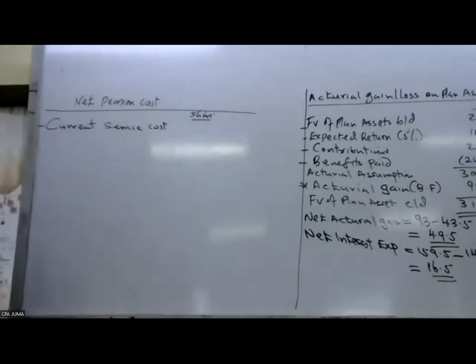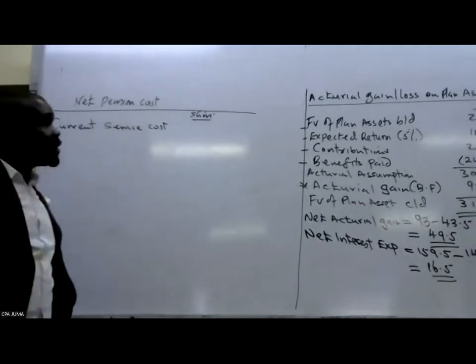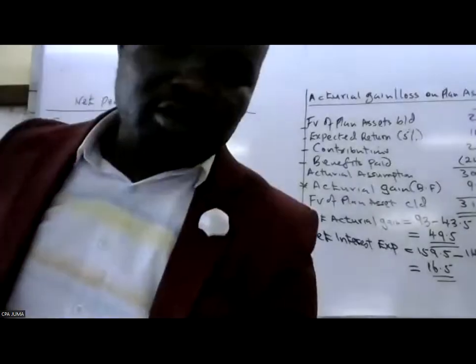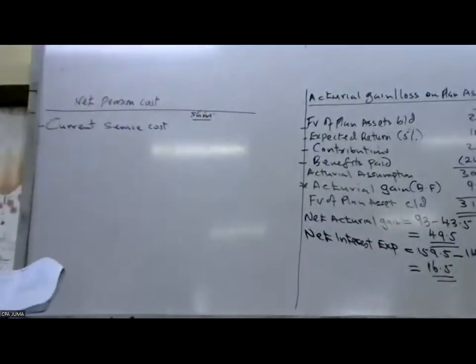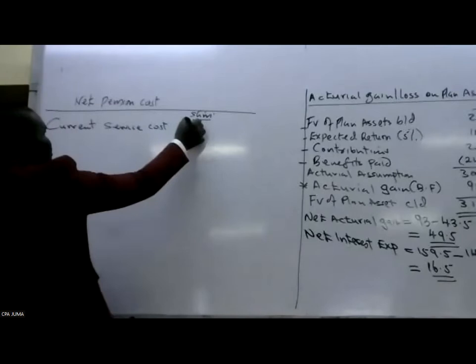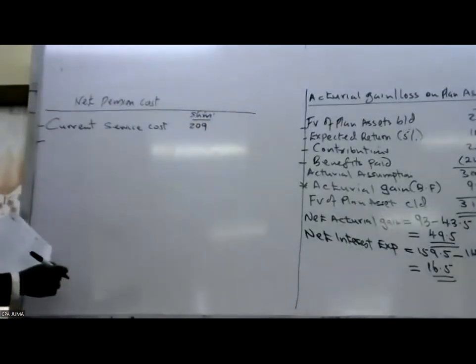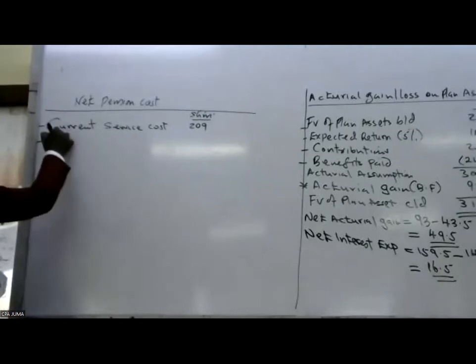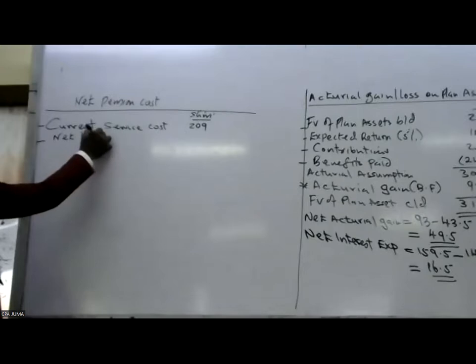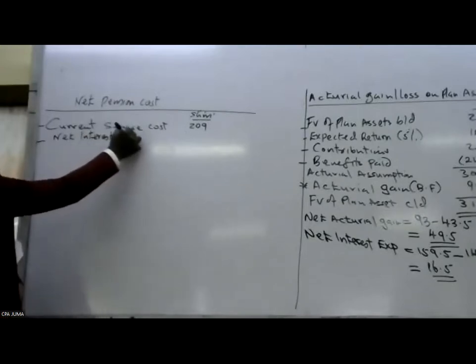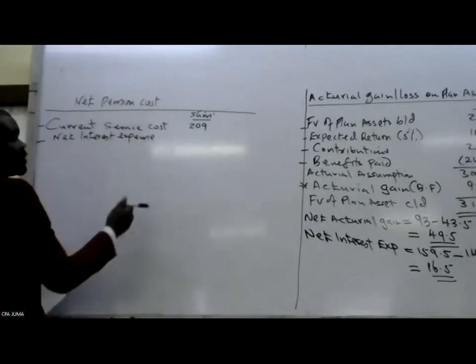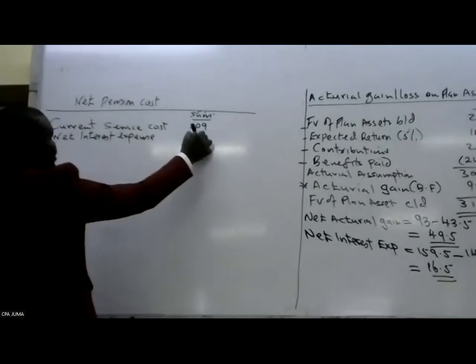Current service cost is how much? 209. Then interest. Interest will be a net, so net interest expense. We have quoted 16.5.